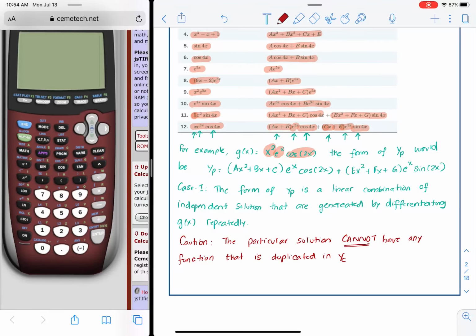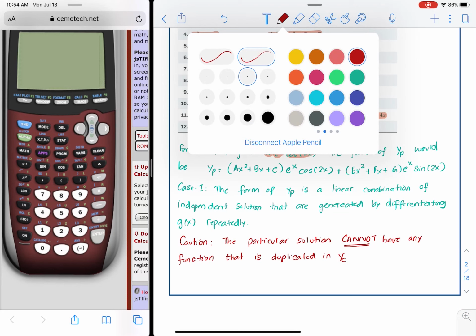So we cannot have duplicated functions in the complementary solution. So that results in case 2.